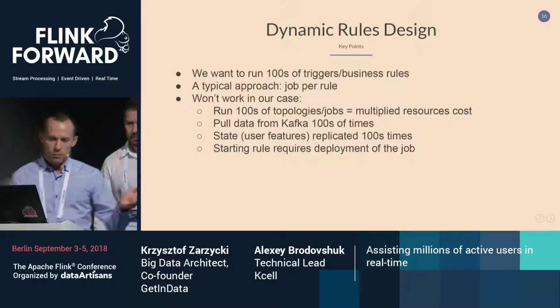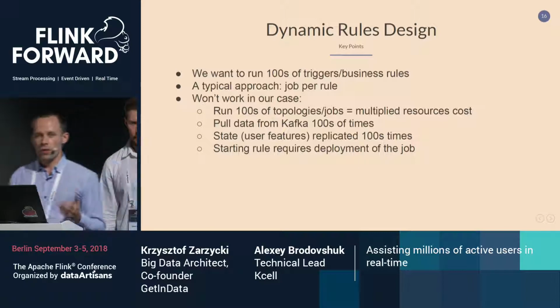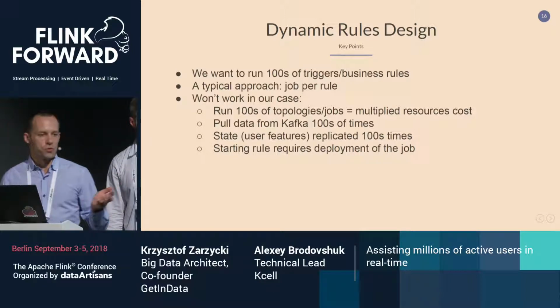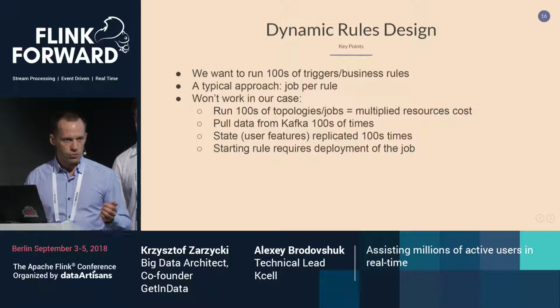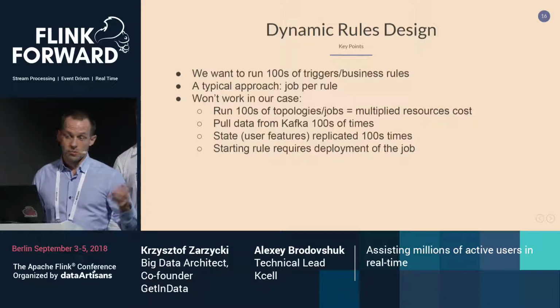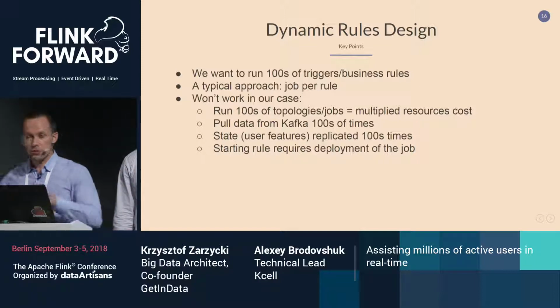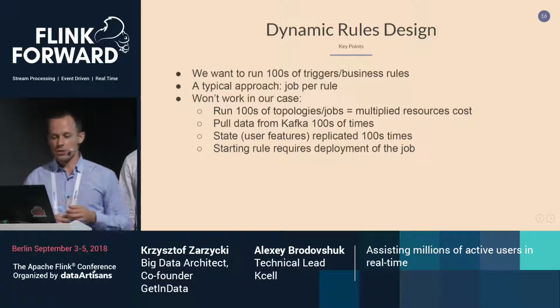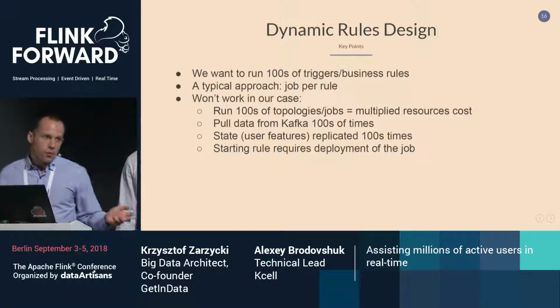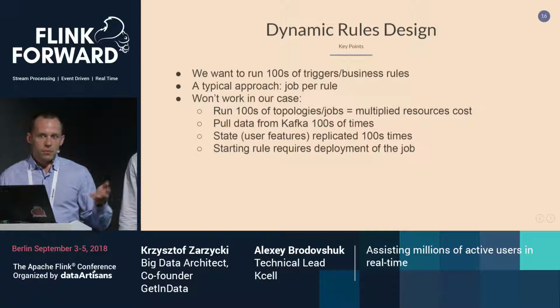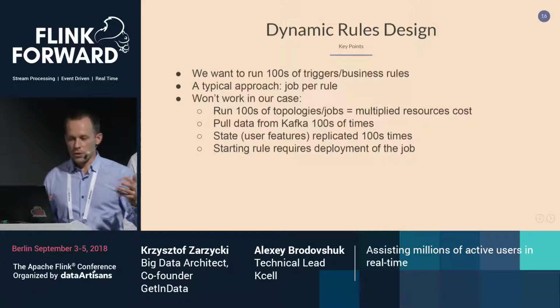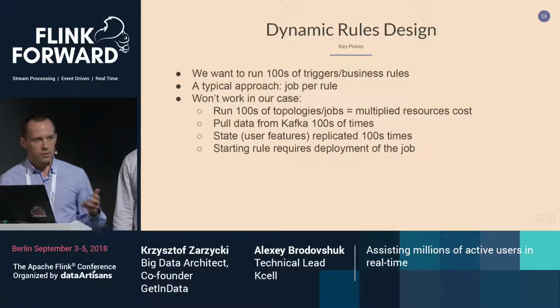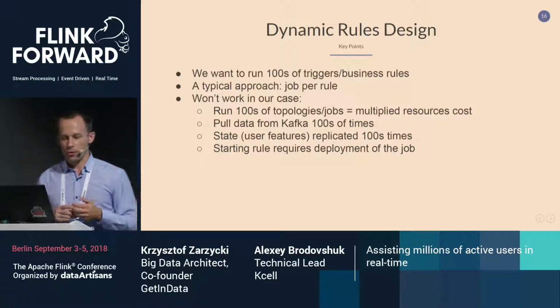So the key requirement was that we want to run even hundreds of those triggers, those business rules. Business defines them, you know, fraud unit, marketing unit, operations and so on. And the typical approach in Flink is that you develop a job or a topology per your rule, per your processing.